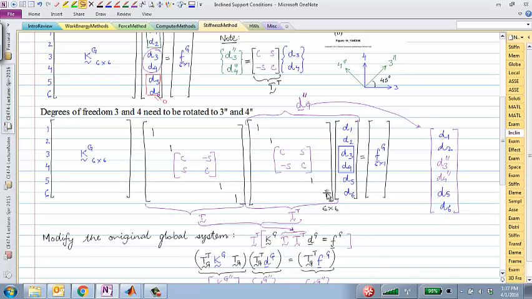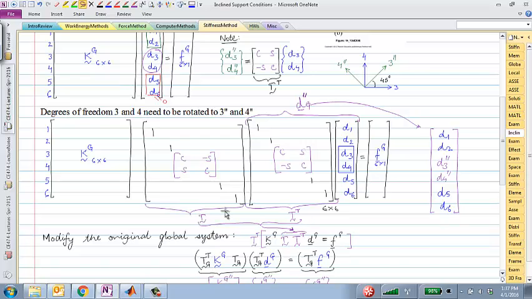So if I do that, then if I take my system of equations and I insert a matrix that shouldn't really be there, then I've changed my system of equations, right? So instead of that, since I don't want to change the equilibrium equations that we have, we actually pre-multiply that T transpose matrix with the T matrix, a global transformation matrix.